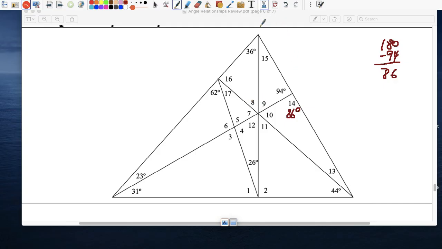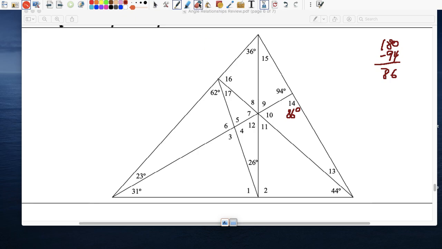Okay, so this is what I see. That's a triangle. I can find angle 13. Oh boy. Hang on. Okay, let's find angle 6.